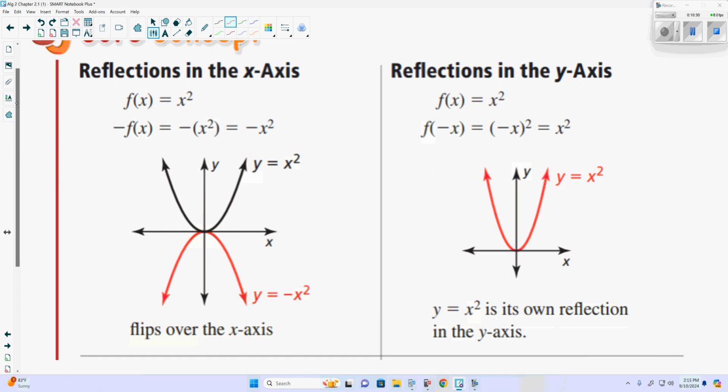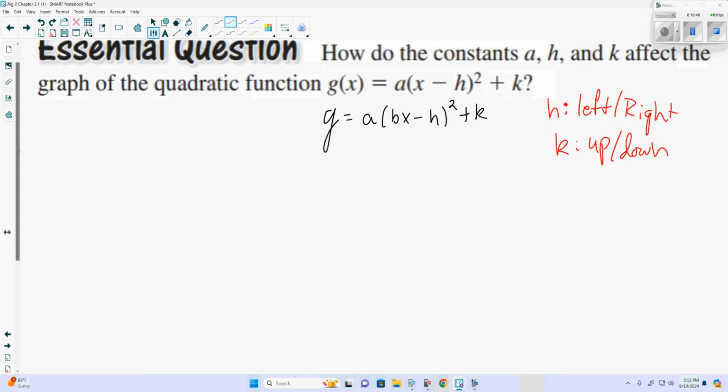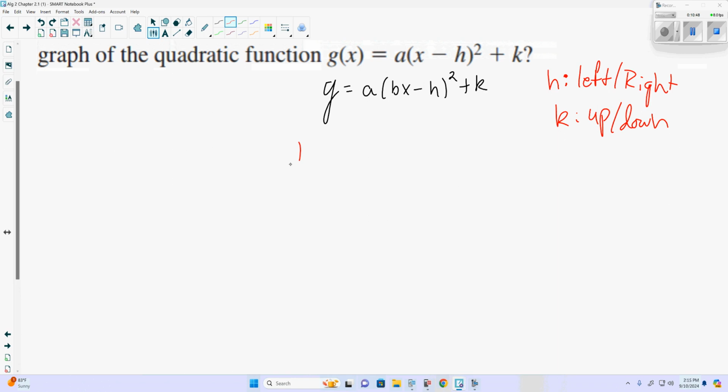Next thing we have is reflection across the x and y axis. If there's a negative in place of A, or where A is, it means it's a reflection across the x. If the negative is in front of our B, or is our B value, it's across the y. So if A is negative, it's a reflection across the x.